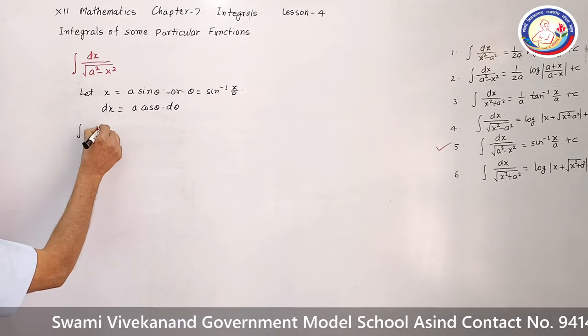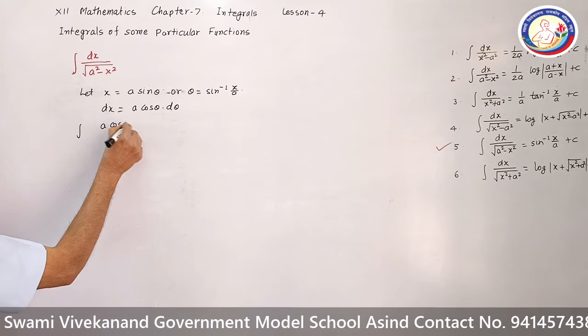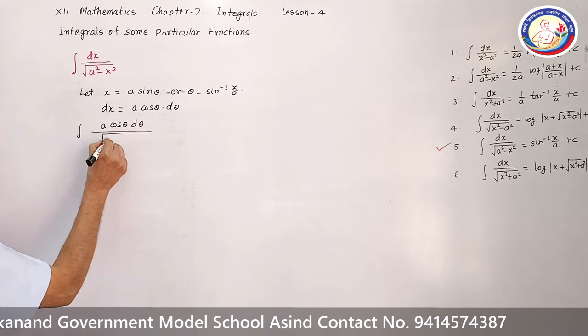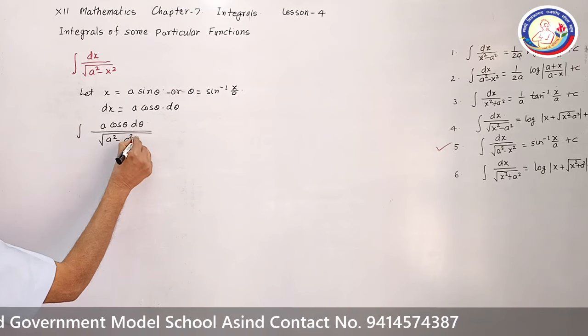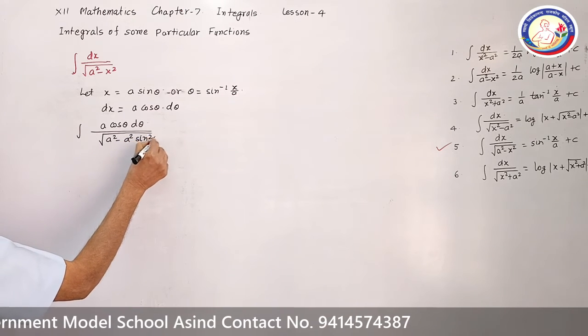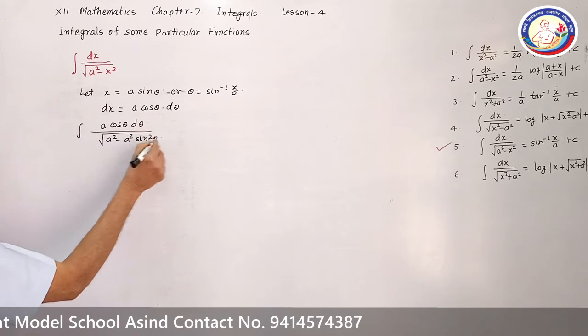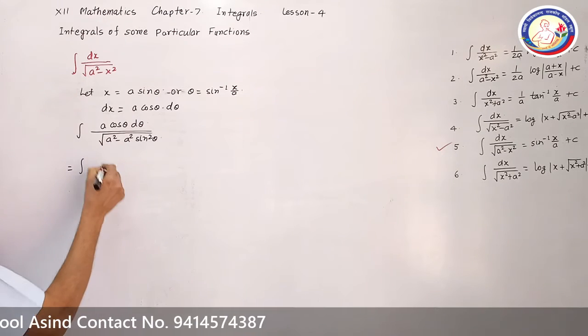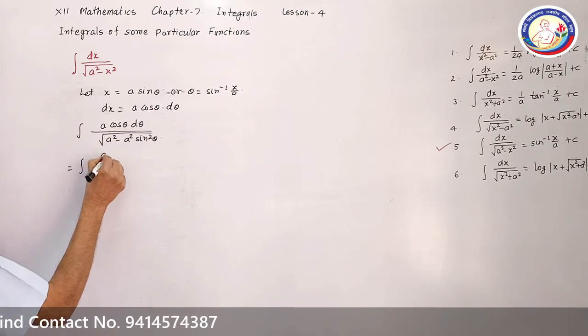Put here, we will get, in place of dx, a cos theta d theta divided by square root of a square minus a square sin square theta. Next step, a square is common here.